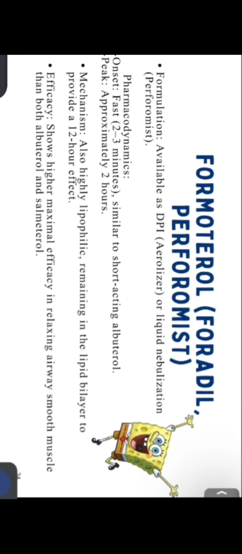It starts working almost instantly, just like a rescue inhaler, but it stays in the system for a full 12 hours. This makes it a powerful tool for maintenance, as it is actually more effective at relaxing airway muscles than even albuterol or salmeterol. And it shows higher maximal efficacy in relaxing airway smooth muscles than both albuterol and salmeterol. Next slide, please.